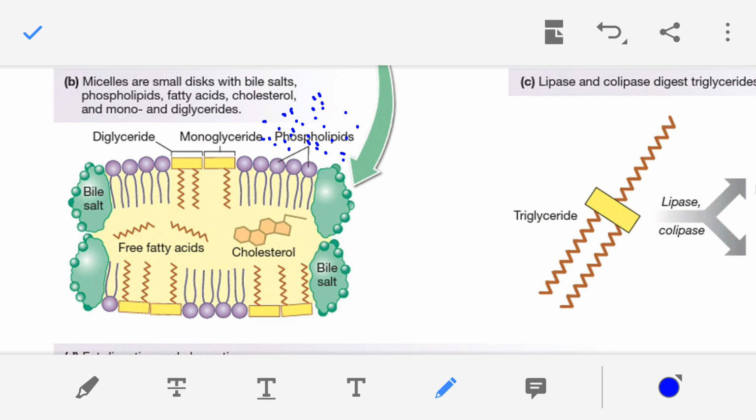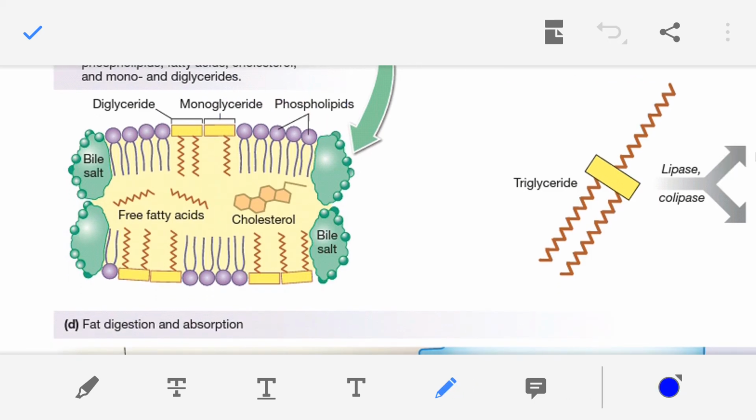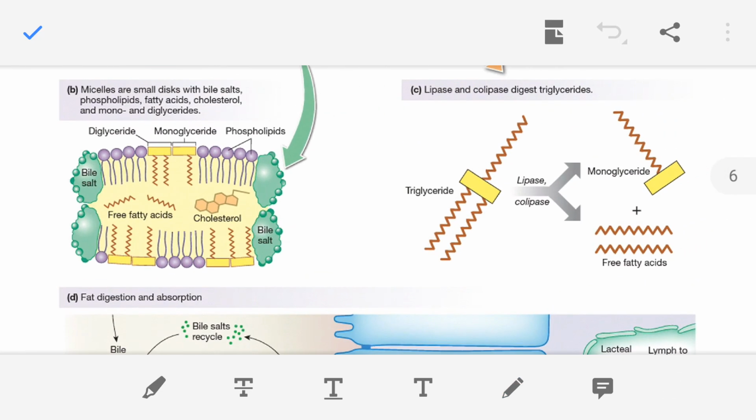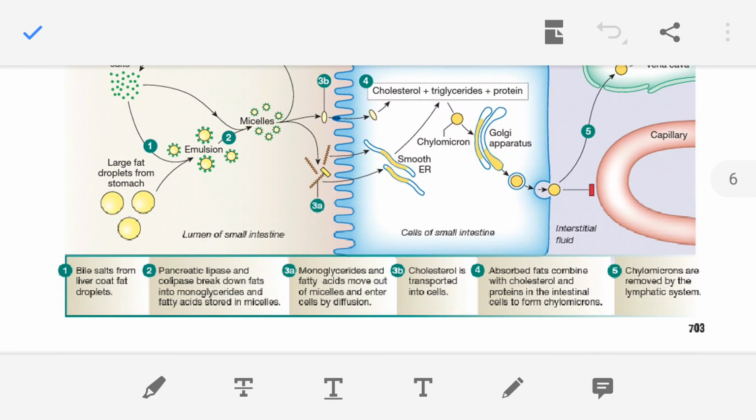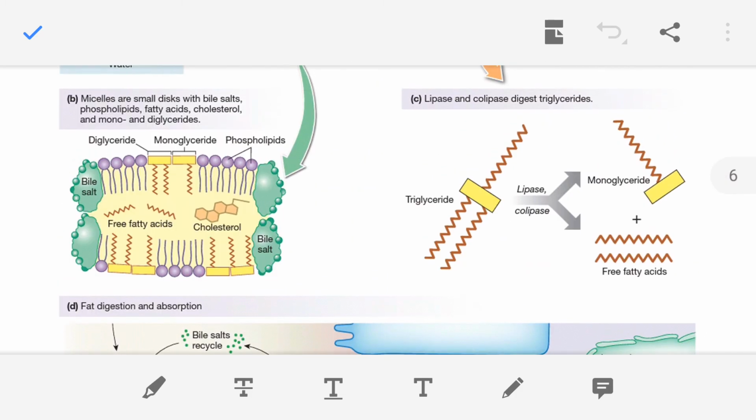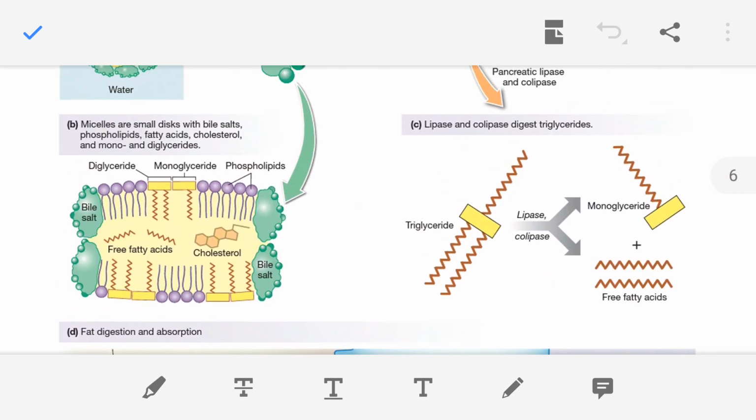Aquatic phase means, we know, the lumen of intestine, where the intestinal juice and the pancreatic juices are present, and in these juices the water is there. So the head is towards the aquatic phase. And the bile salts are amphipathic, means they also have the hydrophilic and hydrophobic region. Okay, that is the meaning of amphipathic bile salt. So this is how the micelles are formed in the intestinal lumen.